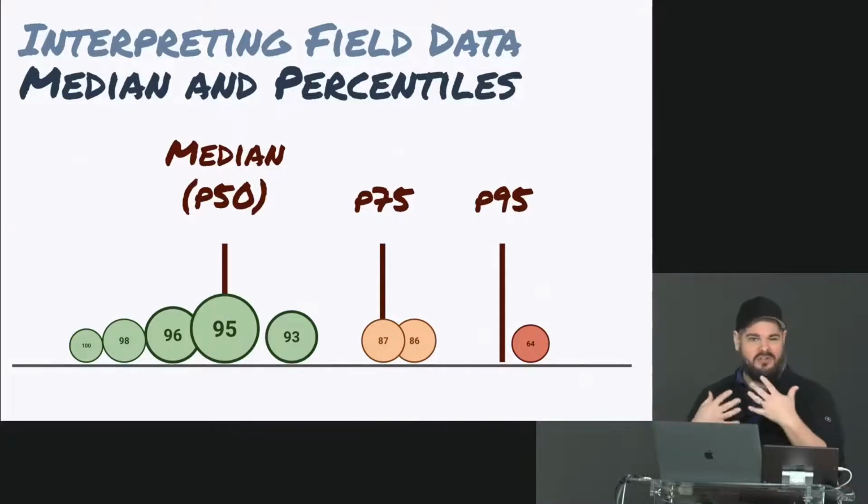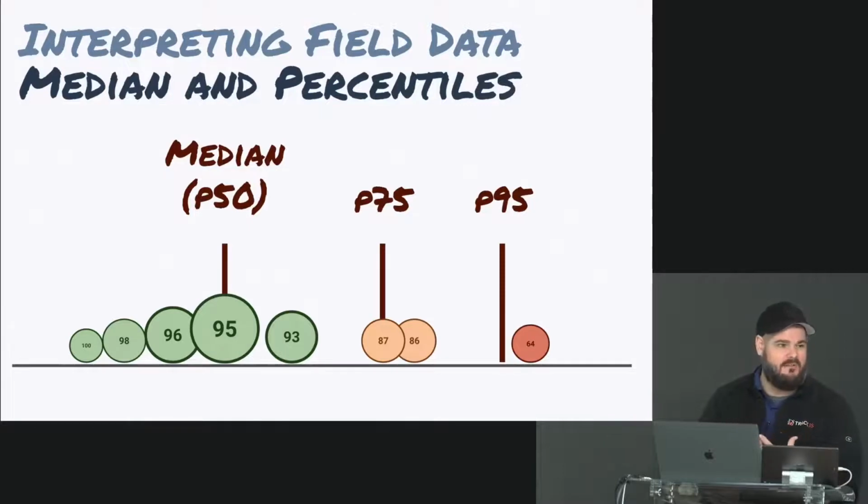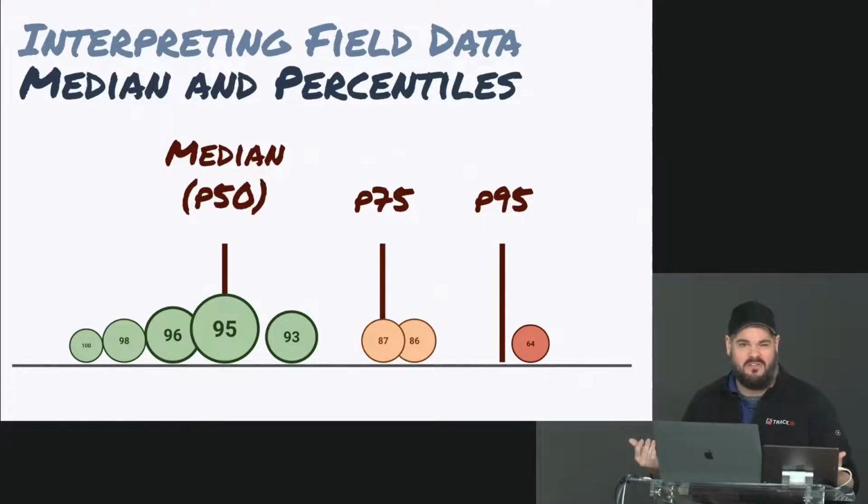From your own personal perspective, I think it's really interesting to care about P95. P95 basically gives you the idea of what your worst user sees. It's not actually your worst, but a lot of the time, your worst score from field data is going to be so hilariously bad you can't even imagine how it is possible.